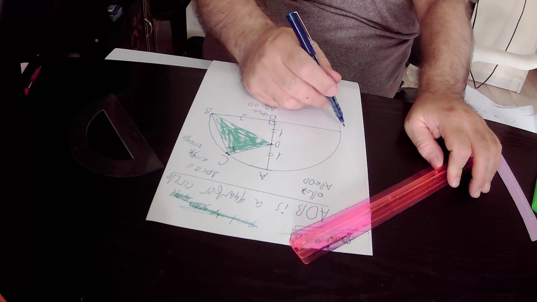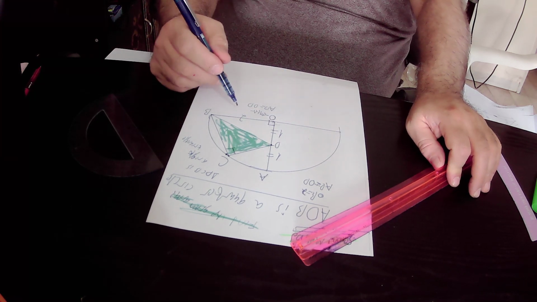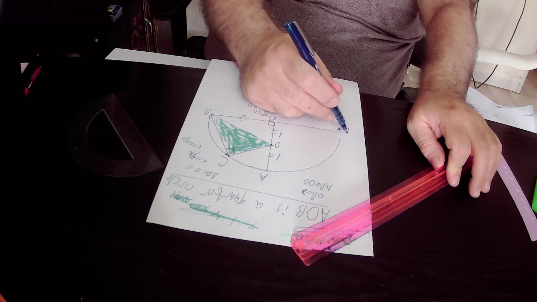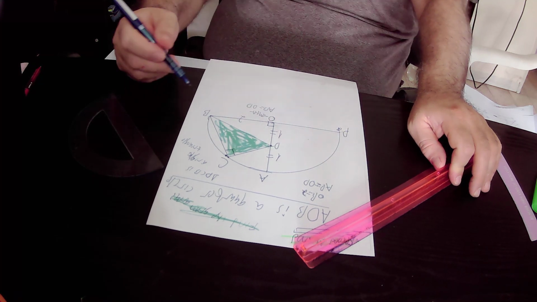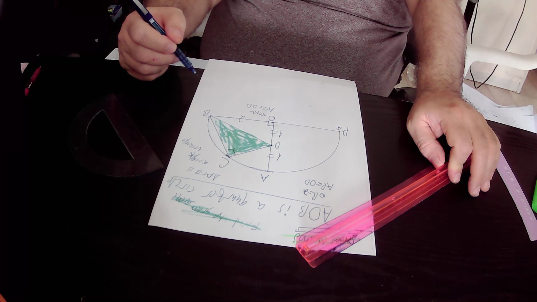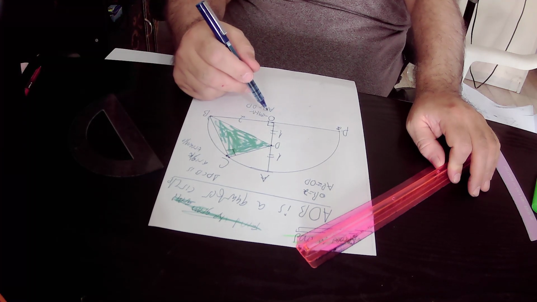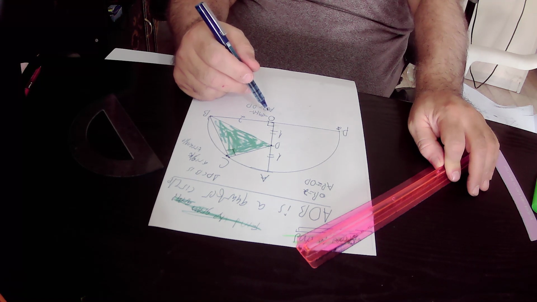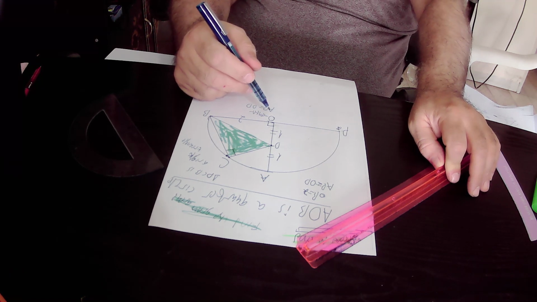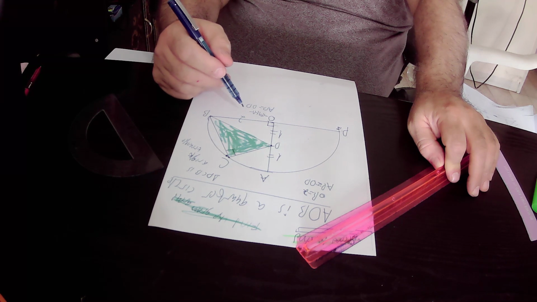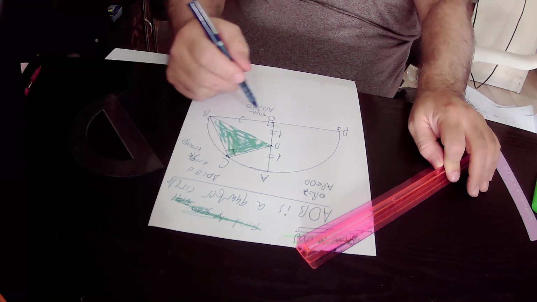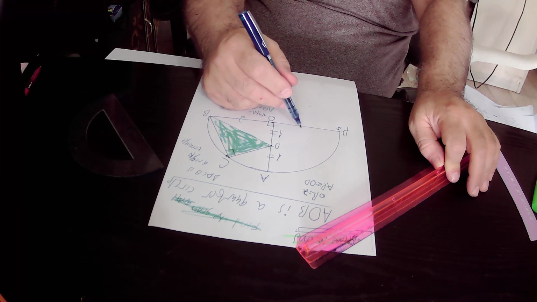At this point we define the touching point of the extended BO and the semicircle as point P. O is the center of the quarter circle and also the center of the semicircle. P is a point on the semicircle itself. This is exactly the definition of a radius. So PO is a radius of the circle and is equal to 2 units.